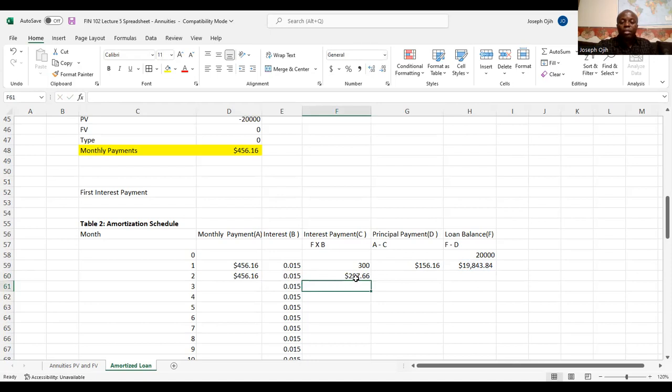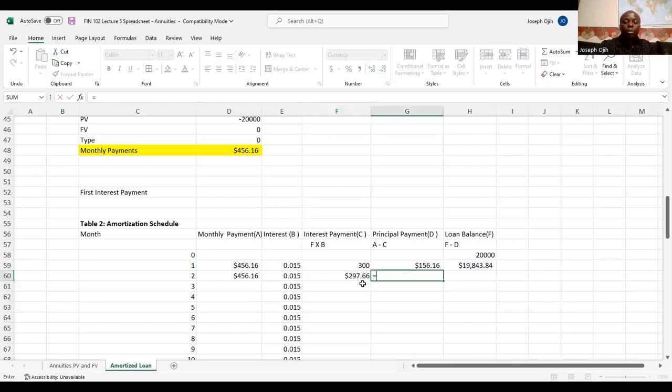See, again, this goes to the interest. Now, how much goes to the principal? Equals the amount that you paid minus the interest. See? Now, this is how much goes to the principal.